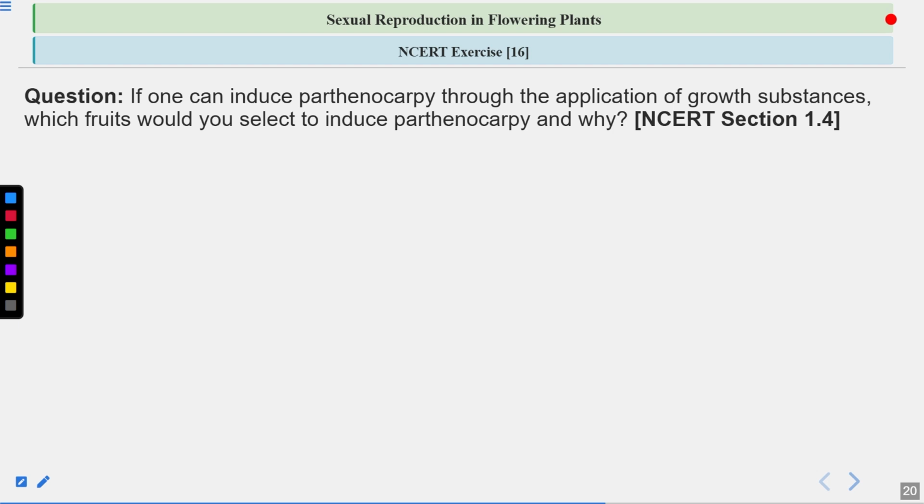So, banana, even without fertilization, you are getting bananas, right? And you can see bananas everywhere in this particular season, right? The fruit vendors are selling so many bananas, right? So banana has no seed, then how can we grow it?